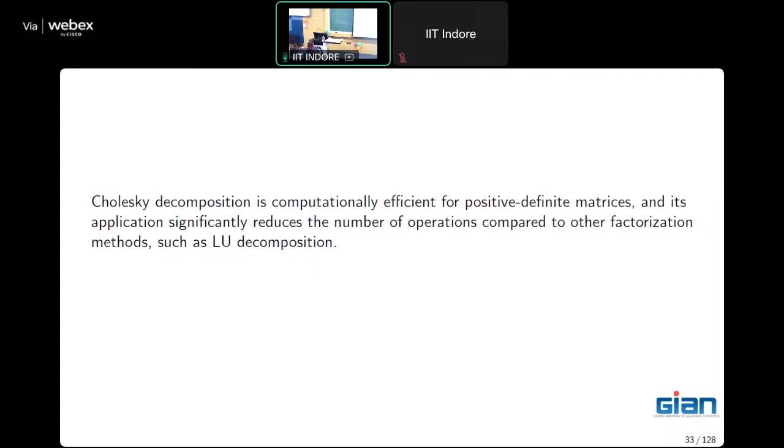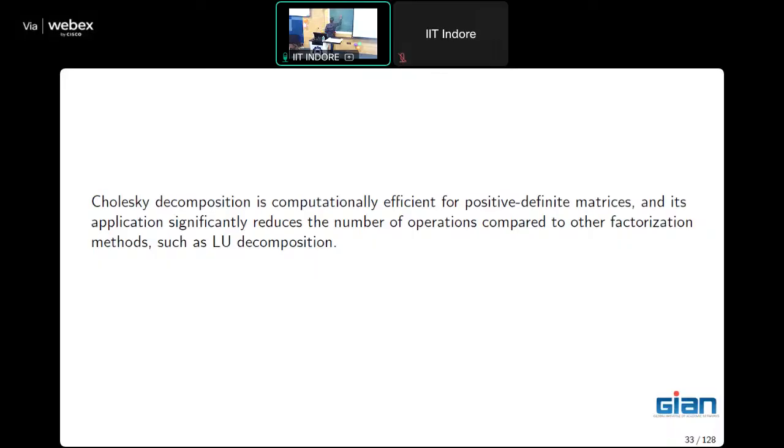In general, LU decomposition needs 2n³/3 flops, and Cholesky decomposition needs n³/3 flops.